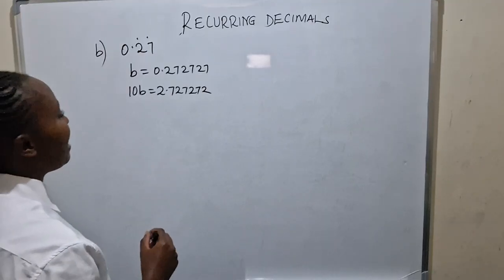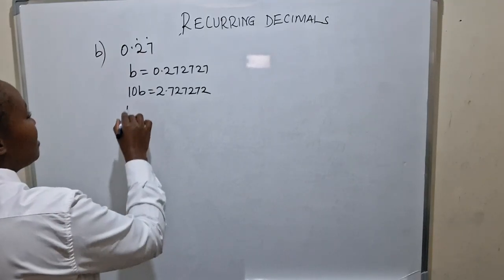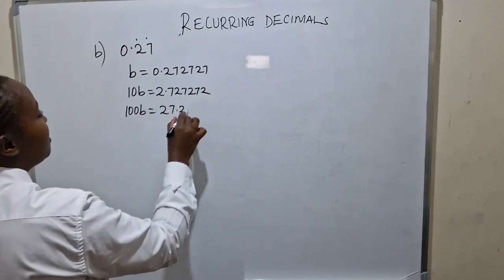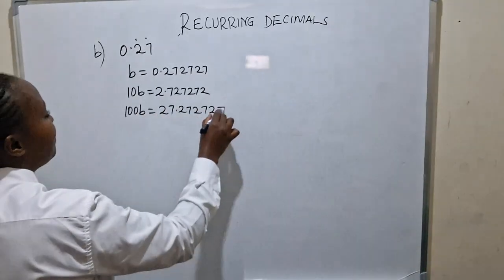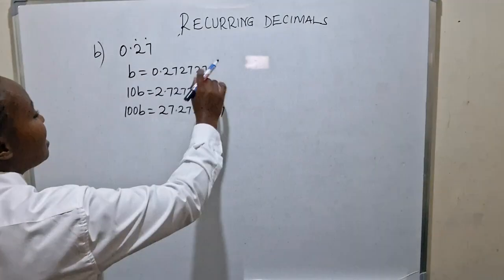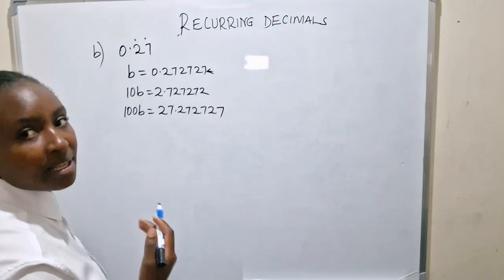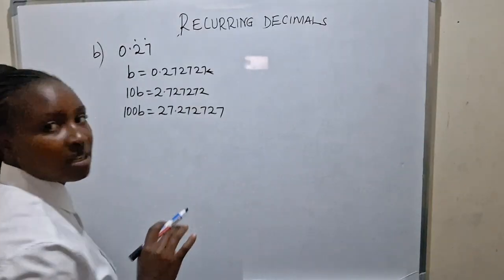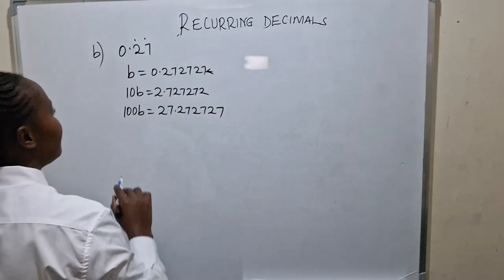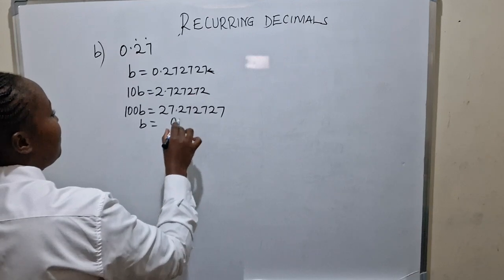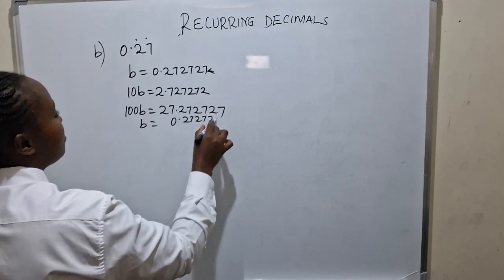So we multiply by 10 again on both sides and we get 100B equals 27.272727. So we can subtract this first number here so we can get rid of the part after the decimal place, okay? So we have B equals 0.272727.